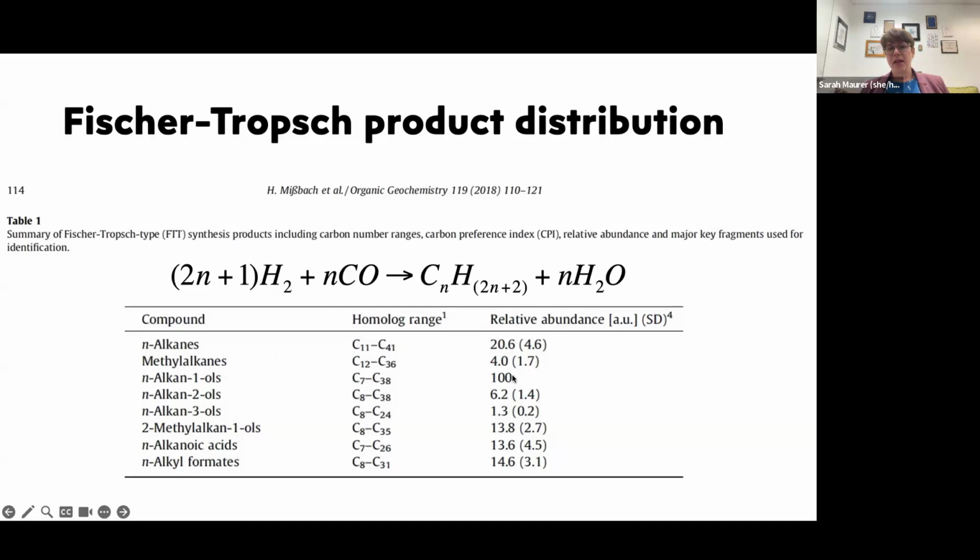The next most abundant hydrocarbon is a straight chain alkane. And if you're thinking about origins of life membranes, then you probably want decanoic acid, which is in the alkanoic acids category, and that is around 13% of the molecules found. You can see that there are some other molecules like alkyl formates and other alcohols present from these reactions.